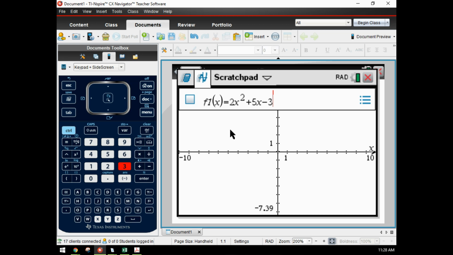If you get a line, you either forgot the square on your x, or you forgot your x's altogether. Or in one class, I put a times instead of a plus for whatever reason. What shape should you get if you have a power of 2 on your problem? A U. You should get a U shape.